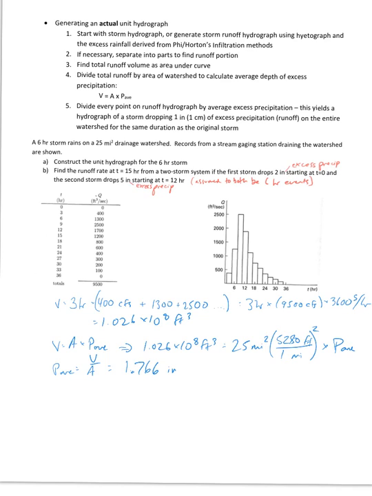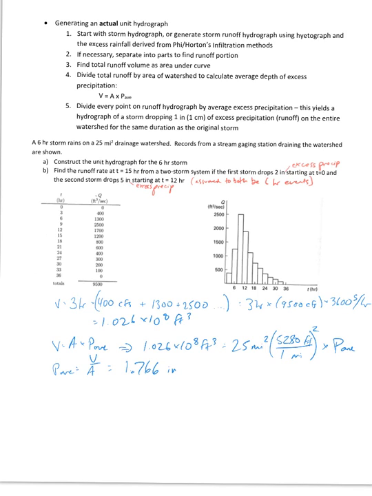Okay, so if 1.766 inches of excess precipitation, runoff precipitation, that portion that was more than infiltration, fell over this 25 square mile watershed, I would get 1.026 times 10 to the 8th feet cubed of runoff.